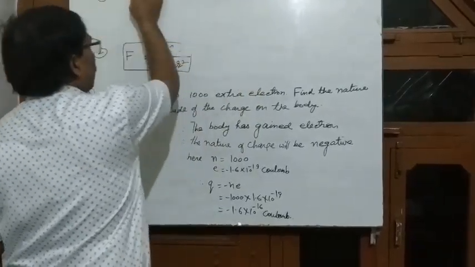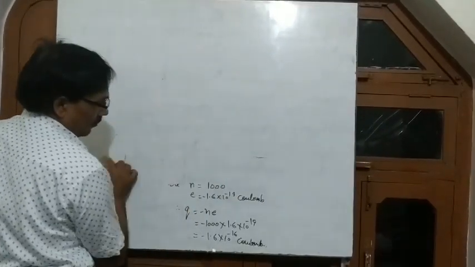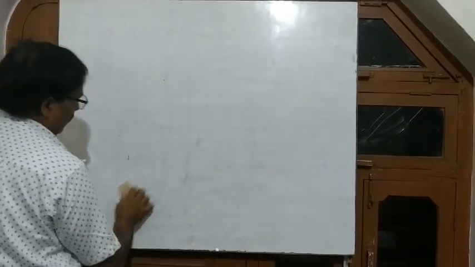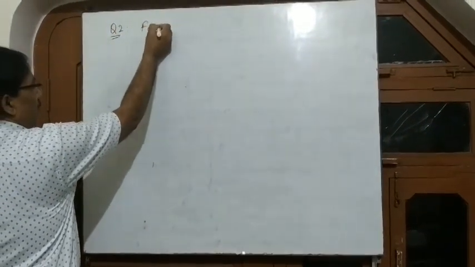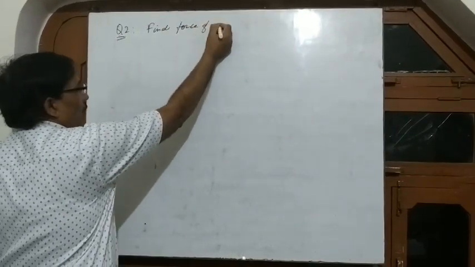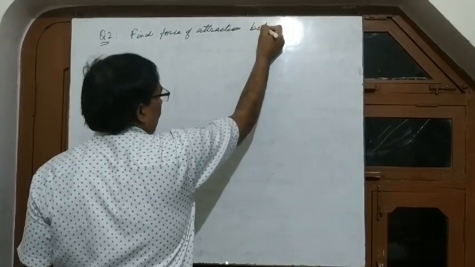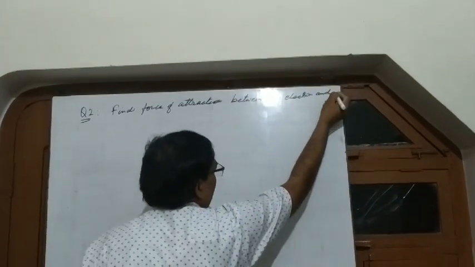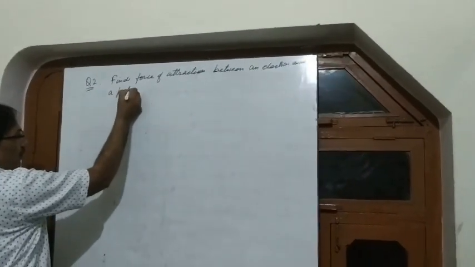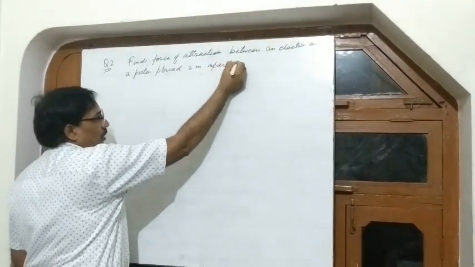Now next question. Find the force of attraction between an electron and a proton placed 2 meters apart in vacuum.